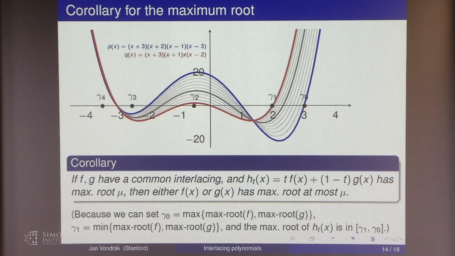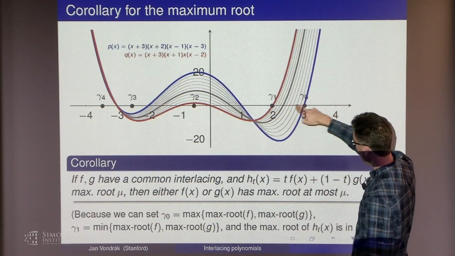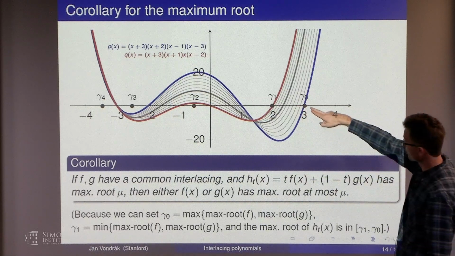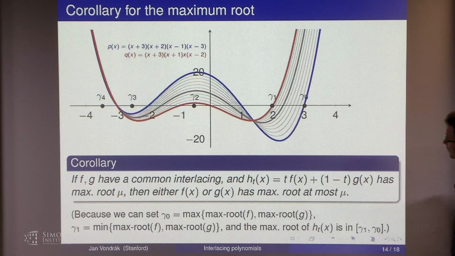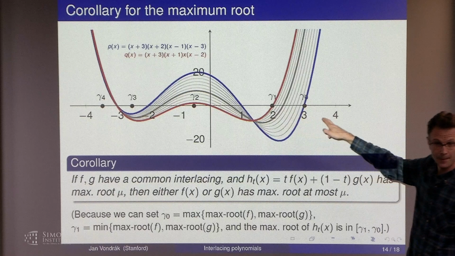Formally, you can also say that you can actually design the common interlacing to be such that gamma 0 and gamma 1 are exactly these two maximum roots, the maximum root of the blue polynomial and the maximum root of the red polynomial. And because the gray polynomial is consistent with the same interlacing, its maximum root is somewhere in between.